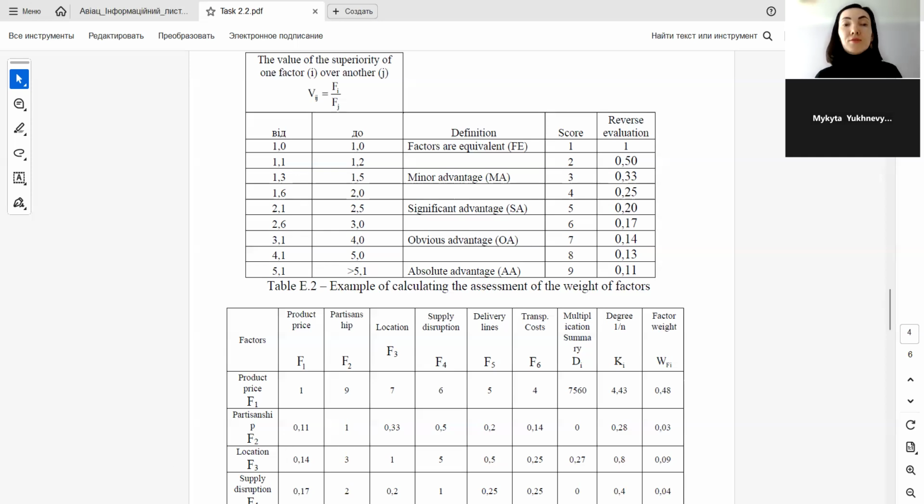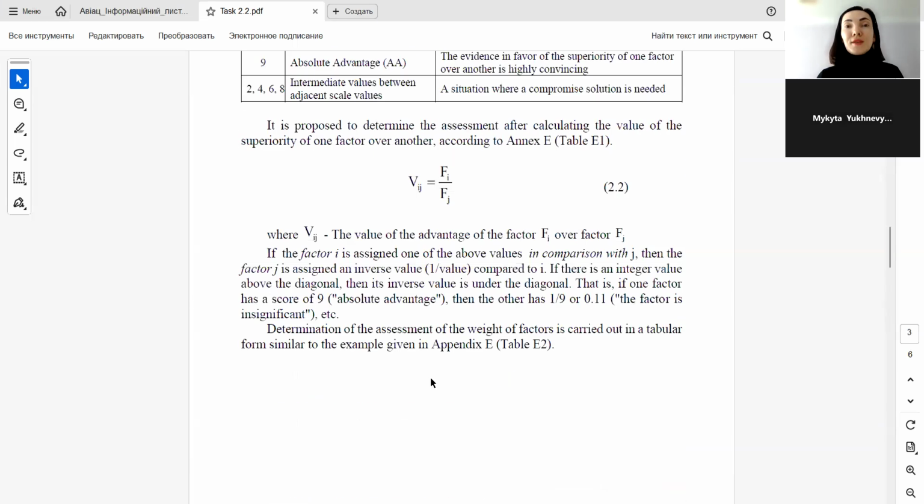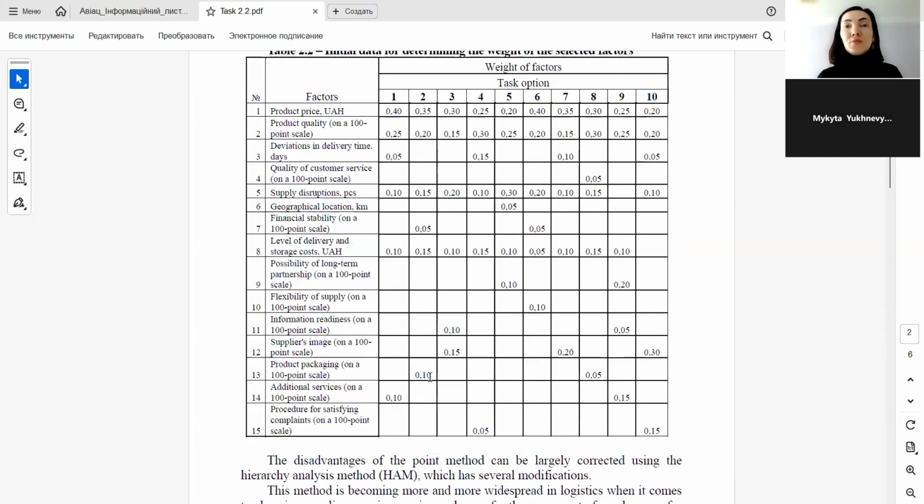Okay. So now we find wages for first and for our fourth factor. I open this table for you. For each variant, it will be 0.30 and your fourth factor 0.15. It is supply disruption, factor number 5.